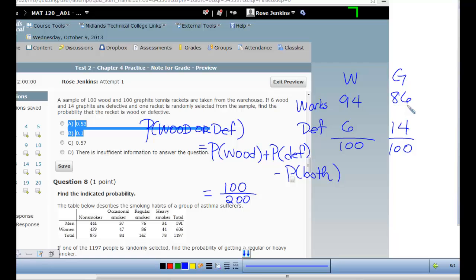Okay, now that we've got that summarized, it's easy for us to see we've got 100 wood. We've got over a total of 200. We've got how many defective? Altogether, 20. All right, 20 over 200. And then how many are both wood and defective? 6 over 200.